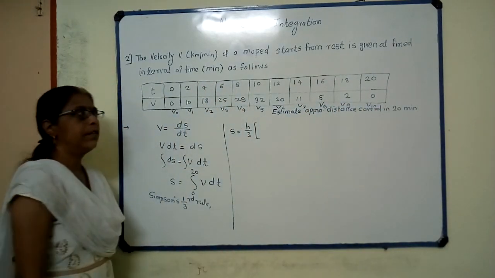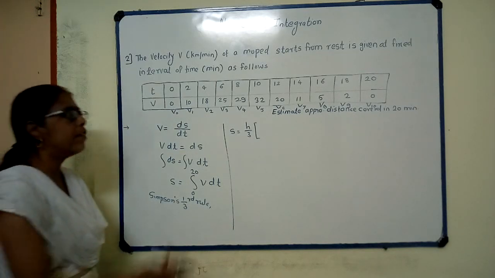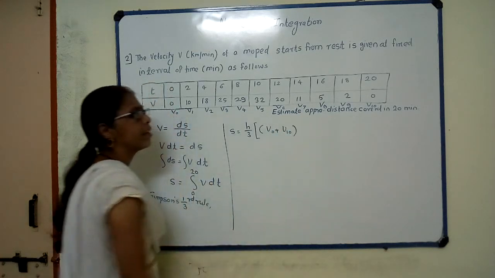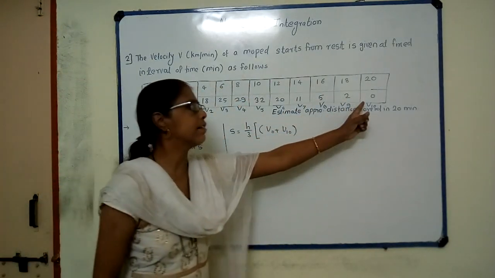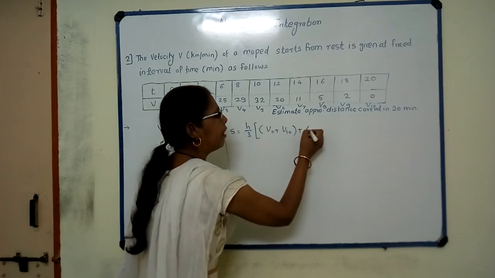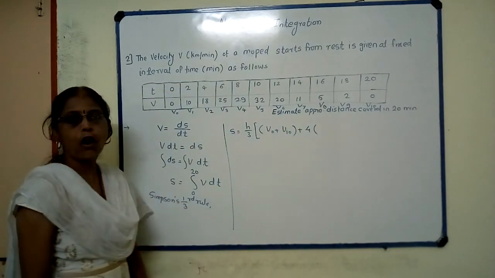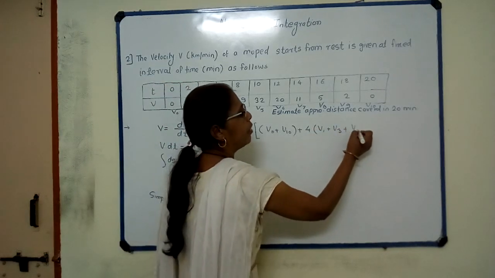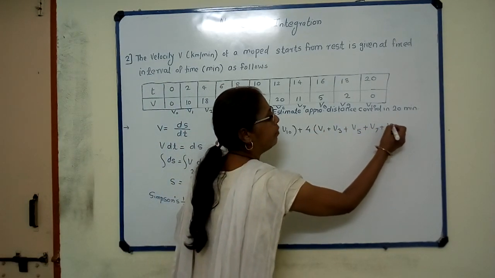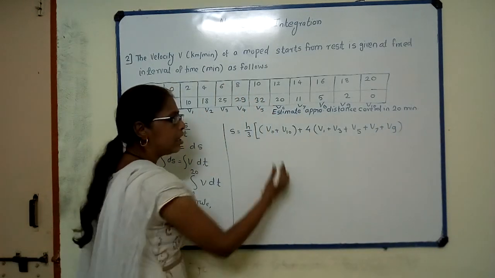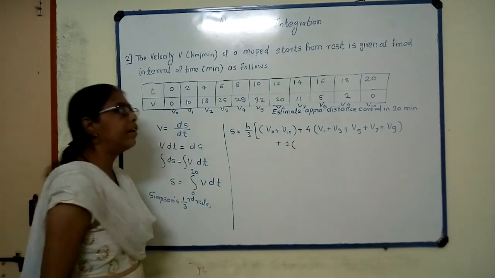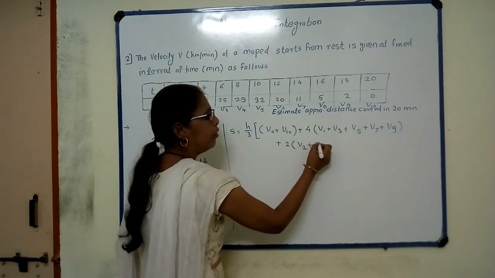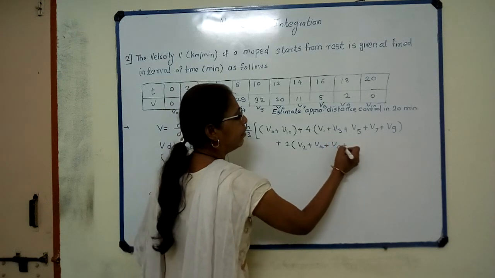In the formula, the first bracket is v0 plus v10, first value plus last value, plus 4 times odd values. The odd values are v1, v3, v5, v7, v9, plus 2 times even values. The even values are v2, v4, v6, v8.